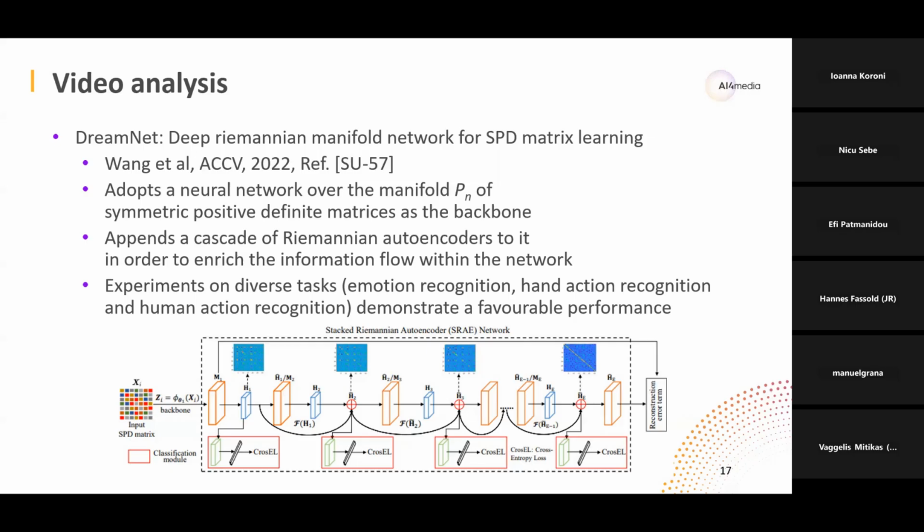And then it constructs a cascade of Riemannian autoencoders to make the information flow within the networks more natural. And the nice thing is that on diverse tasks like emotion recognition, hand action recognition and human action recognition, they show favorable performance. All right.